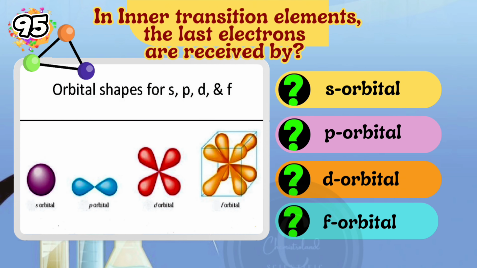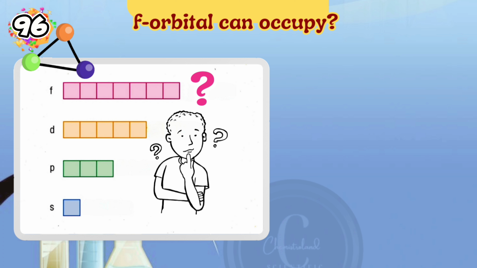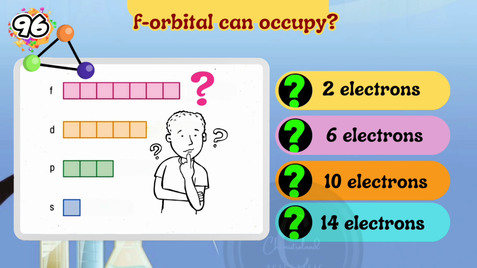In inner transition elements, the last electrons are received by F orbital. F orbital can occupy how many electrons?